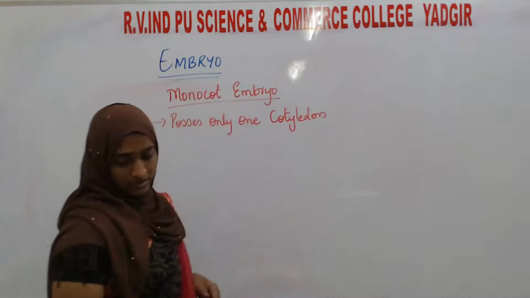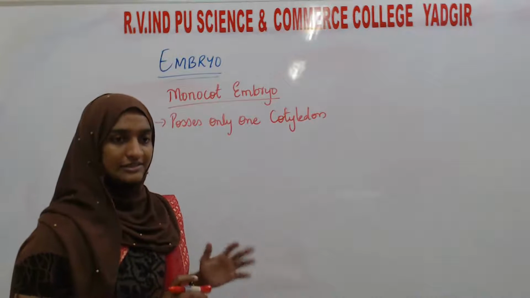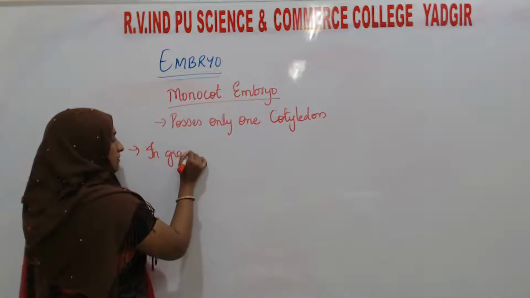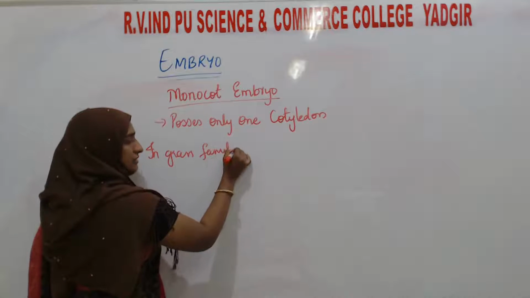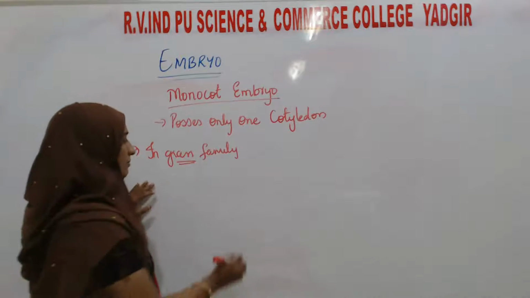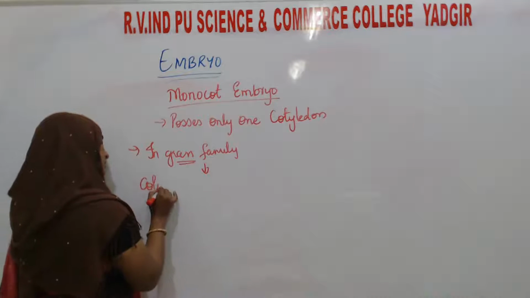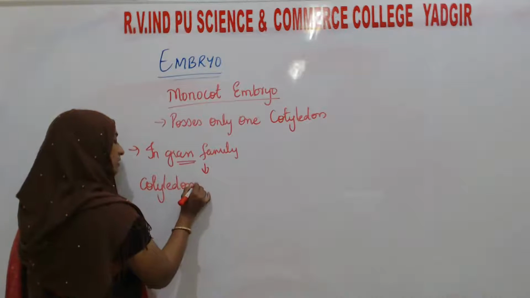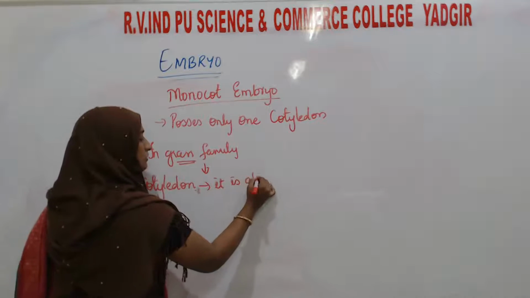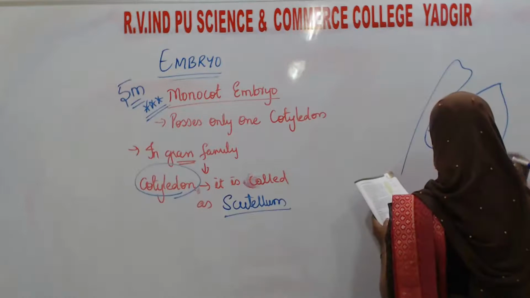So let's see what that cotyledon is. In the grass family, as you know, grass is one of the monocot plants. In the grass family, the only one cotyledon I told about is also called the scutellum.